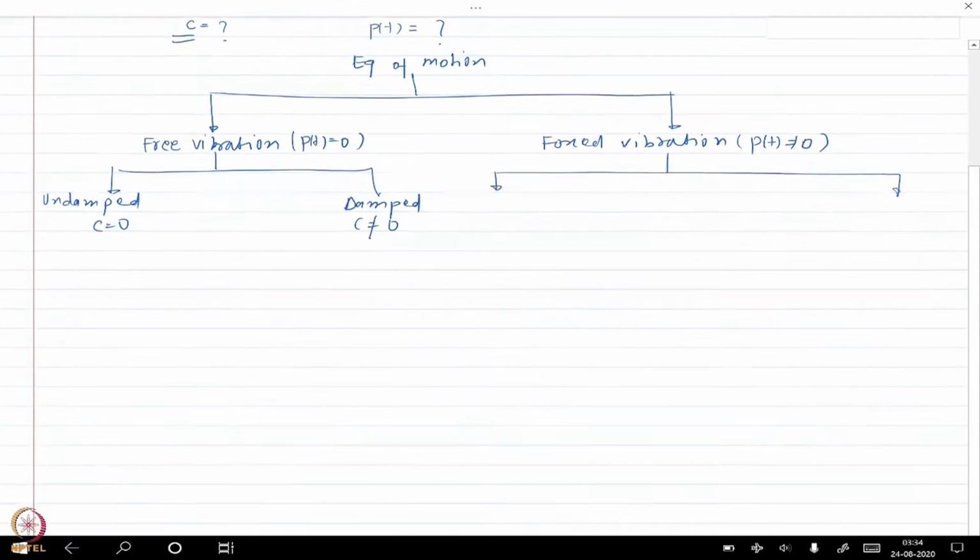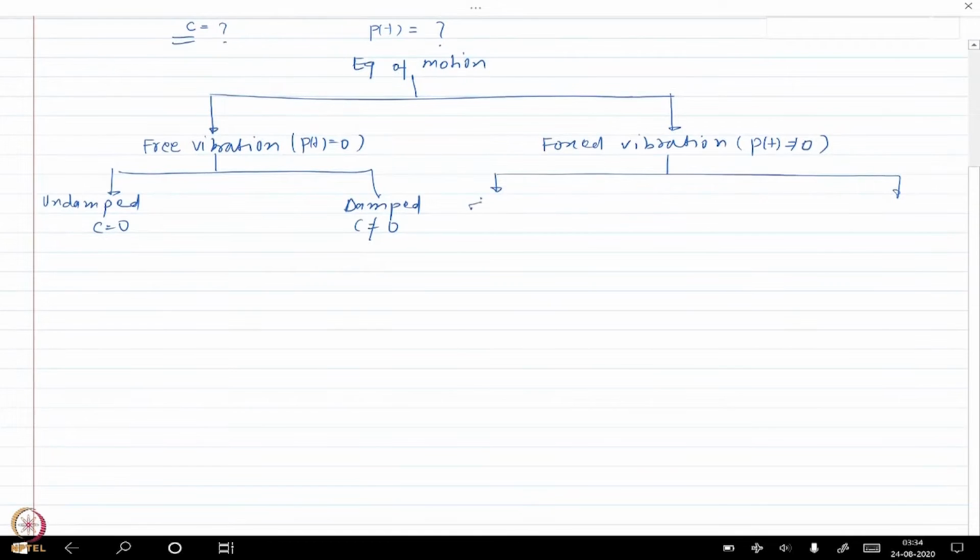We can have harmonic motion, by which I mean something similar to a combination of sine and cosine.